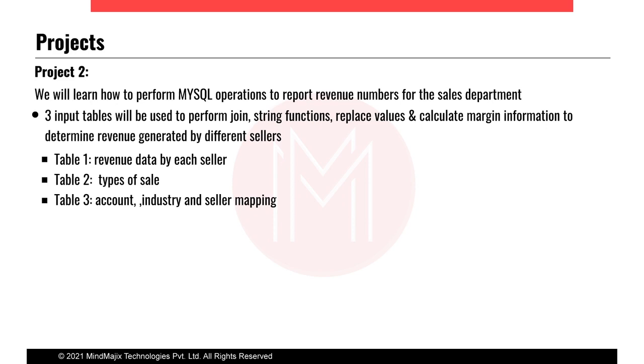It could be calculating margin percentage or revenue percentage, or calculating margin itself. Or we can look at how to clean up the seller information. Anytime we have columns capturing text data types, we have to ensure there is consistency, cleaning up the data so that it becomes readable.